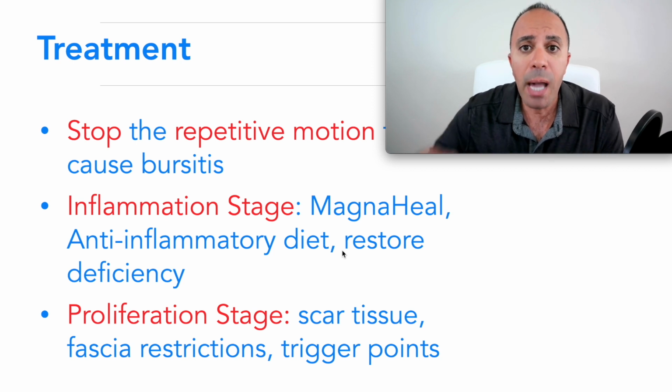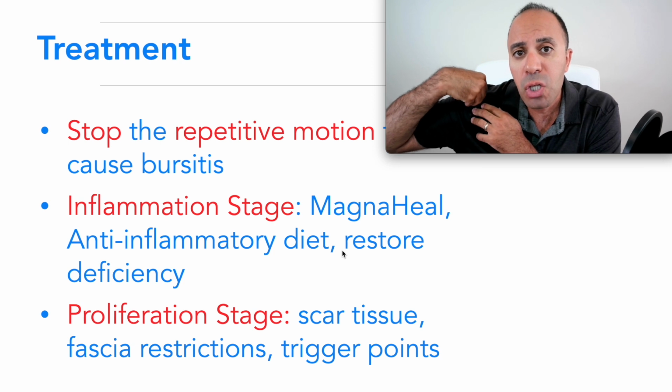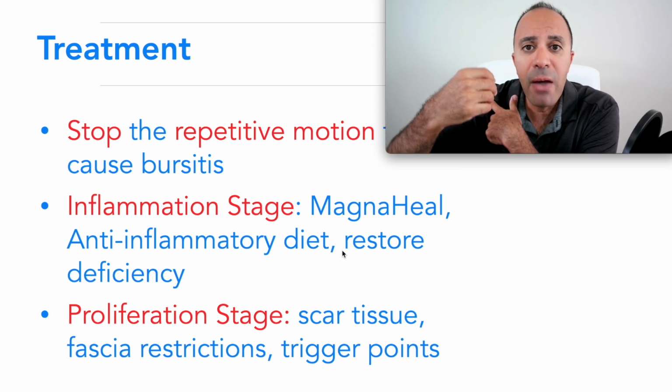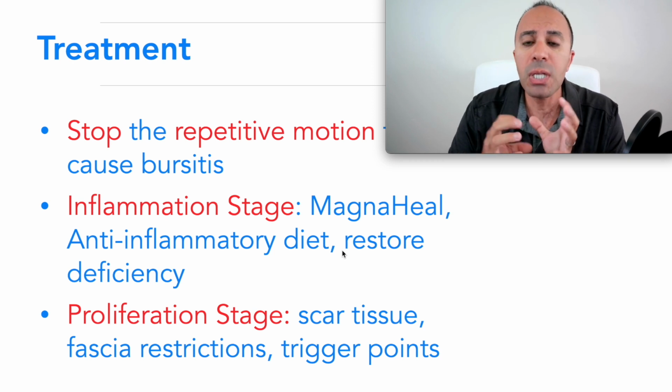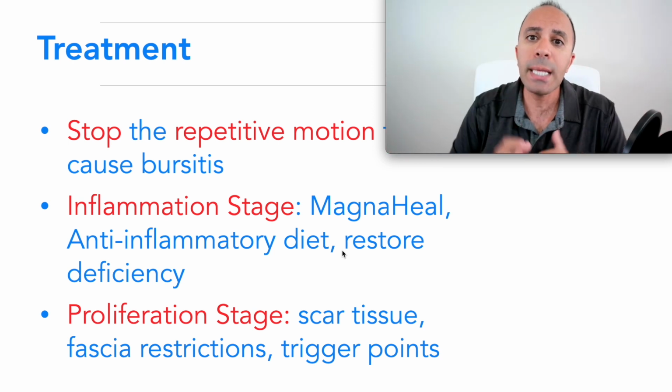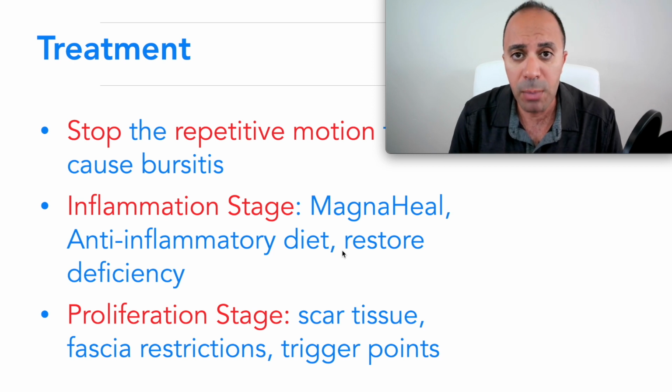At the same time, work on the scar tissue and the fascia restriction, releasing everything, and then introduce the exercises when inflammation is calm. This way you gain strength without causing more inflammation.